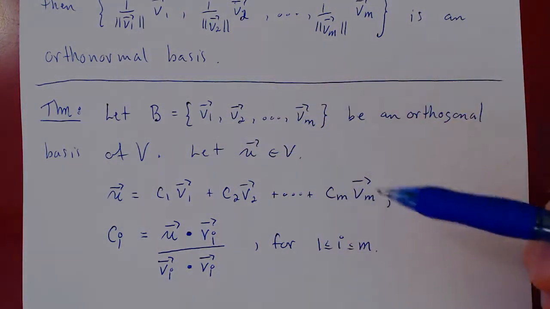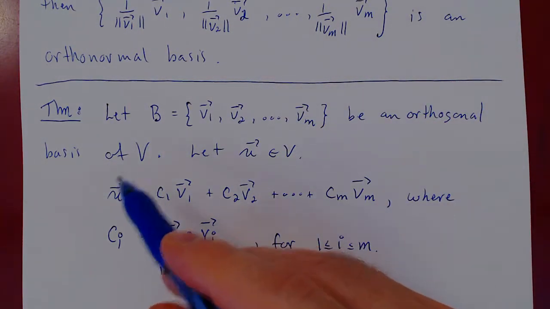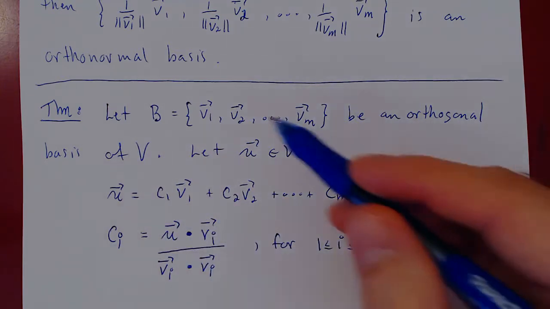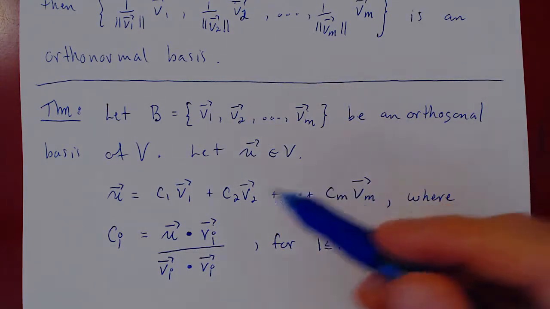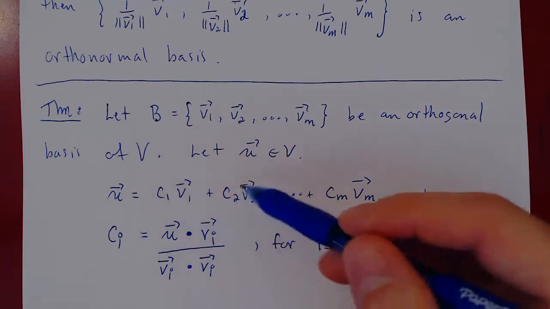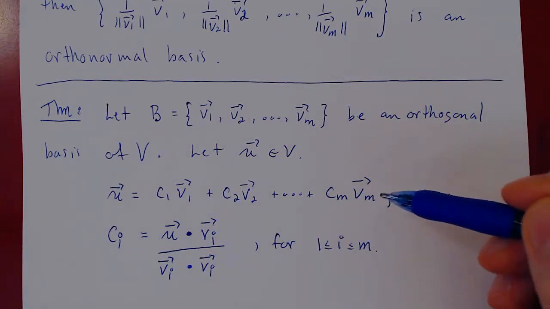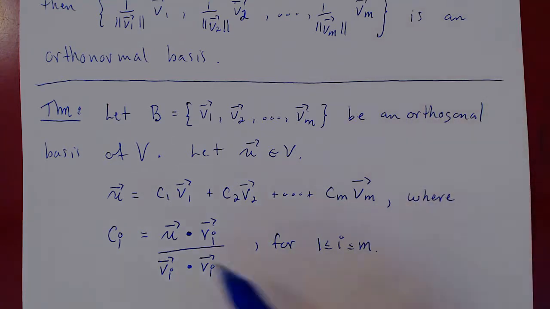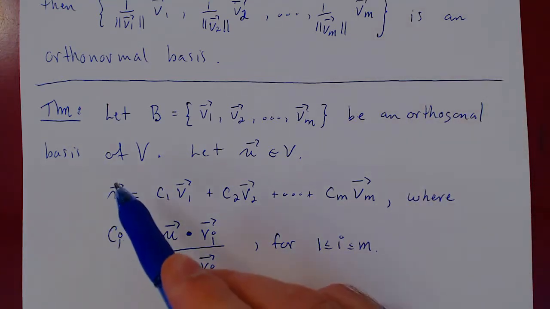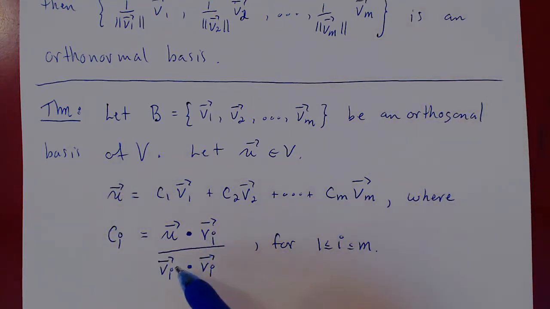If you have an orthogonal basis and you want to express the vector u as a linear combination of the m basis vectors, therefore you're trying to solve for c1, c2 through cm, you do not have to solve the corresponding linear system, because the ith coefficient is simply u dotted with vi over vi dotted with vi.